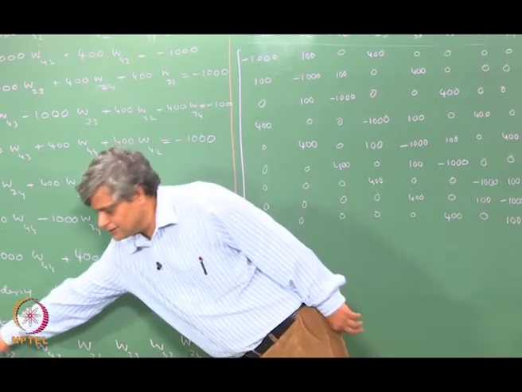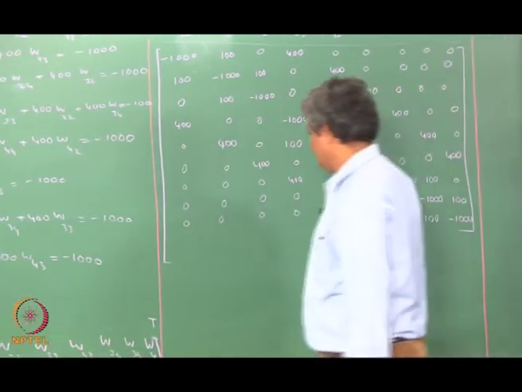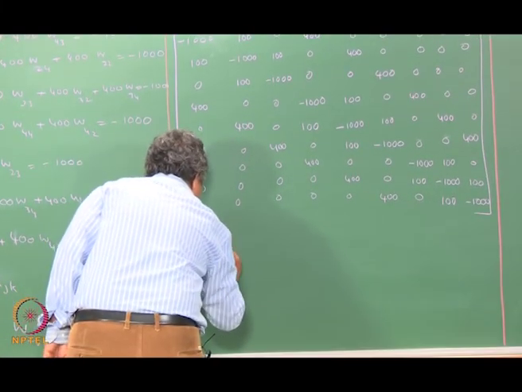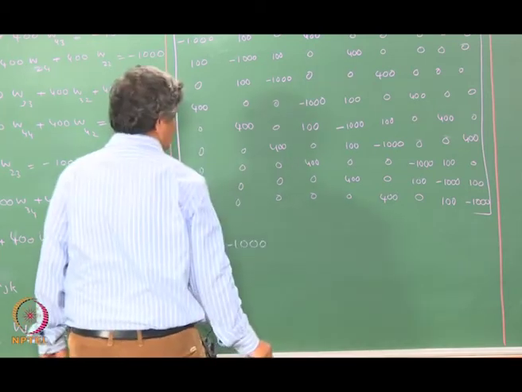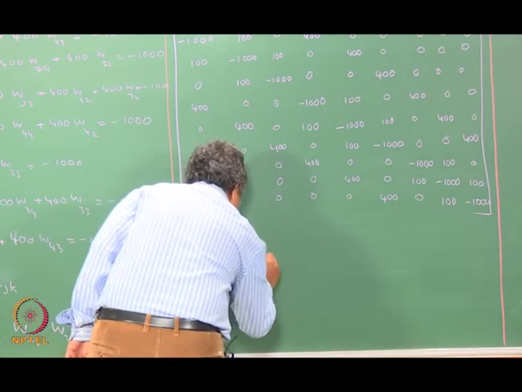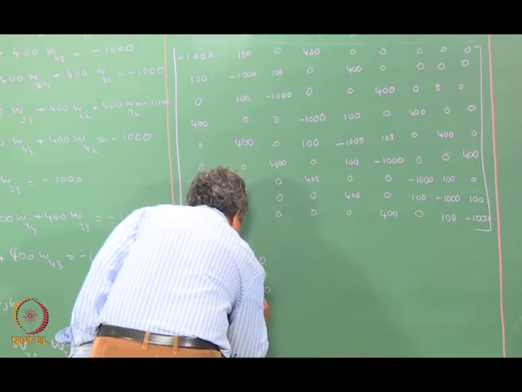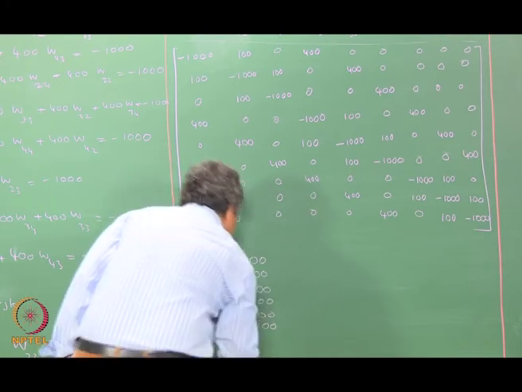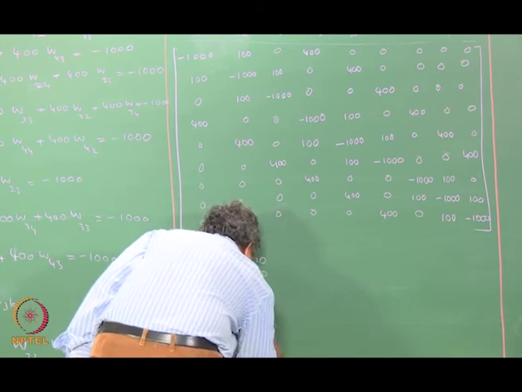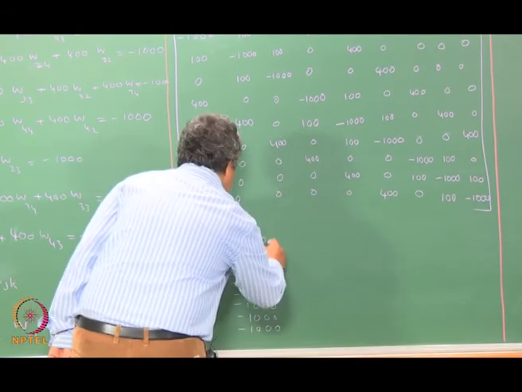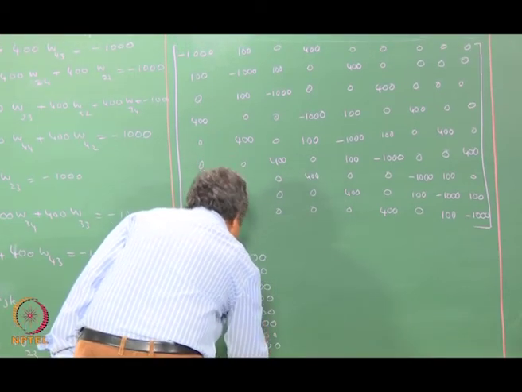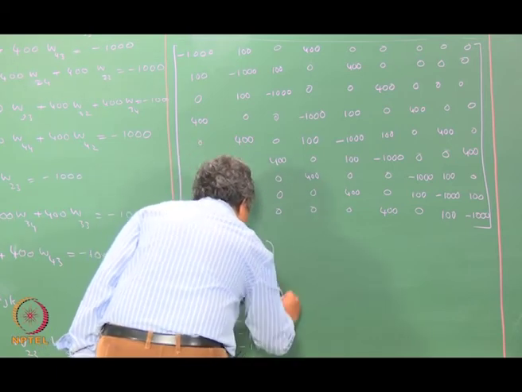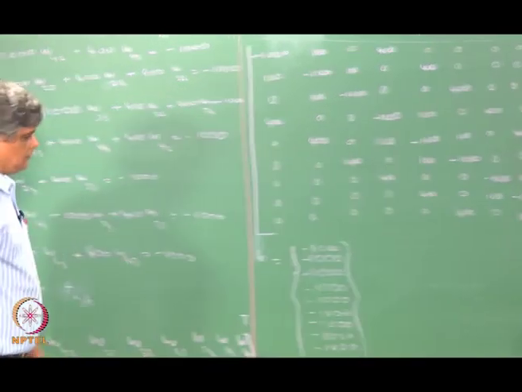We have the variable matrix W, which is a column vector, and then B happens to be the same, minus 1000, minus 1000, and so on.